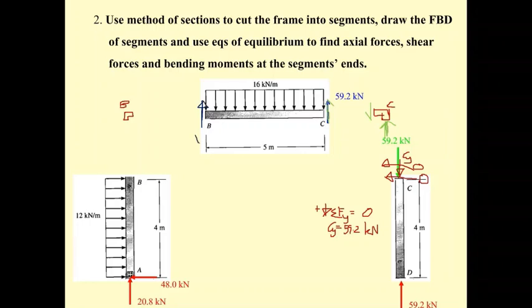This is going to be V sub B. We also have the vertical force, and we also need to have the moment.